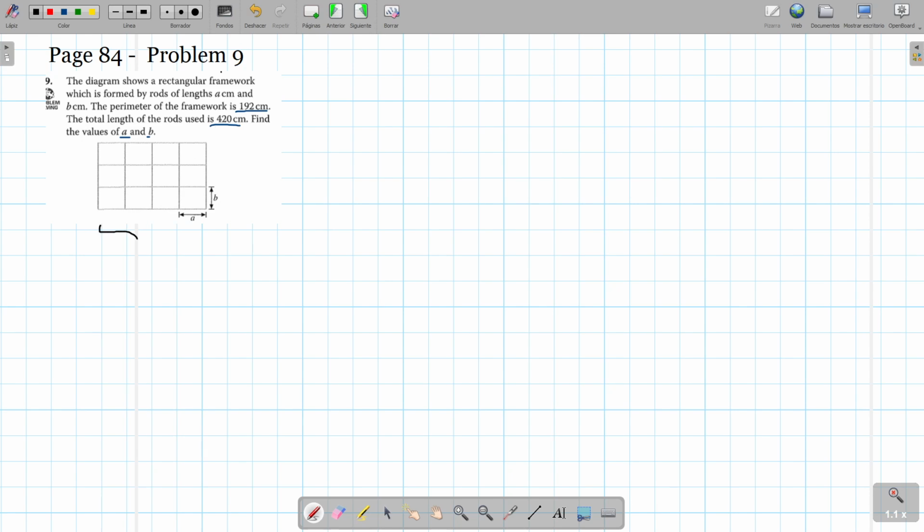We have 4 times A. And the other length here will be in total 1, 2, 3 times B.